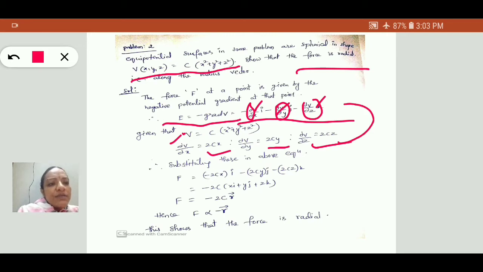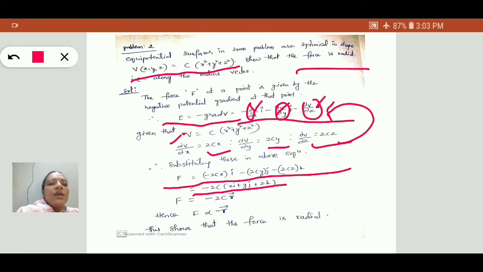So substitute these values in our electric field intensity function or force equation. Force is equal to minus 2cx i minus 2cy j minus 2cz k. Taking minus 2c as common, xi plus yj plus zk.